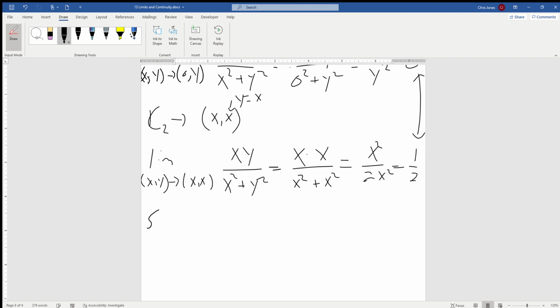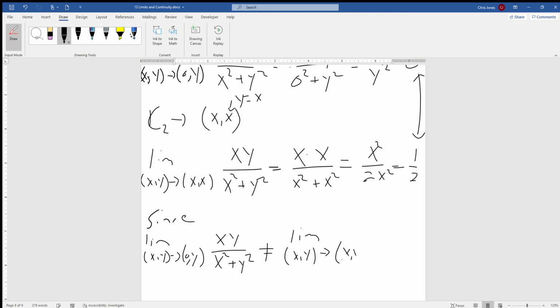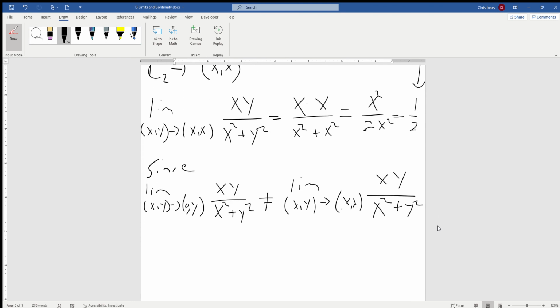Okay, so we're going to say since the limit as xy approaches 0y of xy divided by x squared plus y squared is not equal to the limit as xy approaches xx of xy over x squared plus y squared, we can say that the limit certainly does not exist. So our limit does not exist.